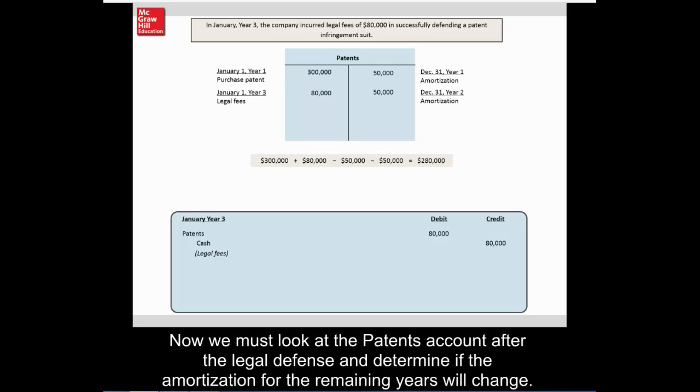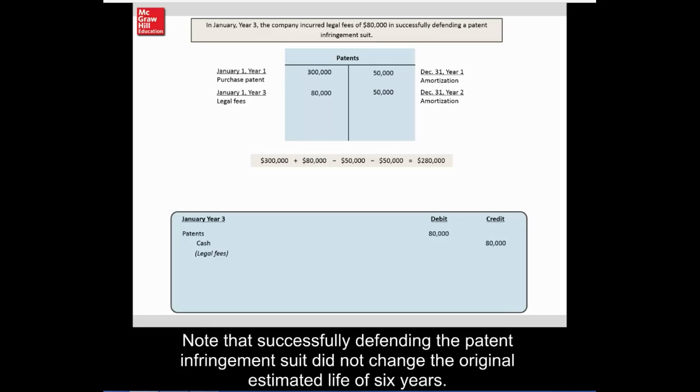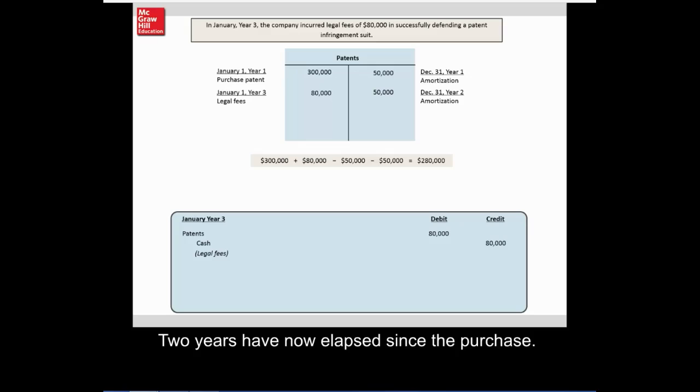Now we must look at the patent's account after the legal defense and determine if the amortization for the remaining years will change. The company had originally estimated a useful life of 6 years. Note that successfully defending the patent infringement suit did not change the original estimated life of 6 years. 2 years have now elapsed since the purchase.